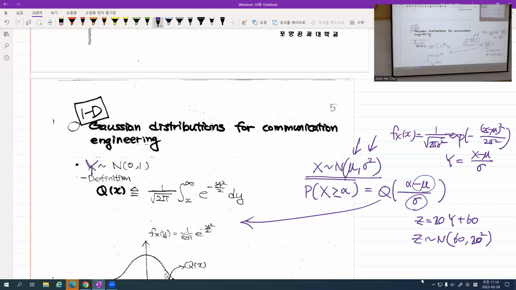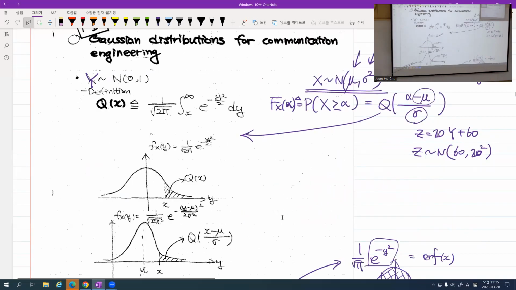Anyway, given a non-standard normal but normal random variable, if you want to find the CDF of this random variable x evaluated at alpha, then what do we do? We just use this, the CCDF. So again, we are interested in the right tail, right? Right tail as we see here, right?